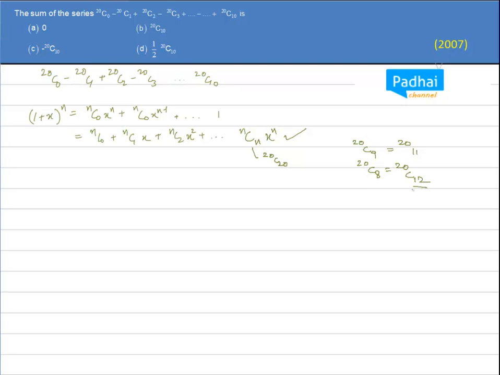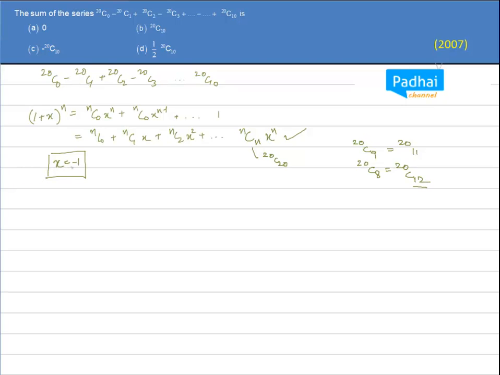That is, 20 minus 8 is 12, so 20C12 will be equal to 20C8. The other thing is that instead of all plus, they are plus minus. So this can be solved if I put x equal to minus 1. This is the standard procedure of getting an alternate plus minus.